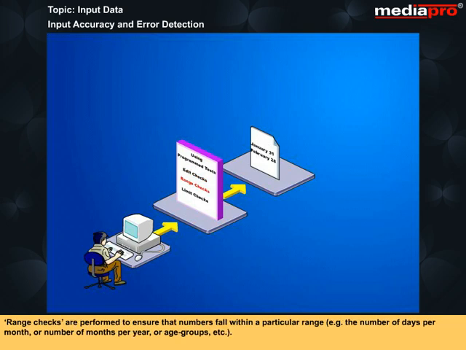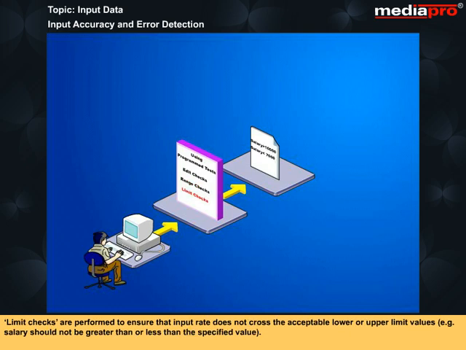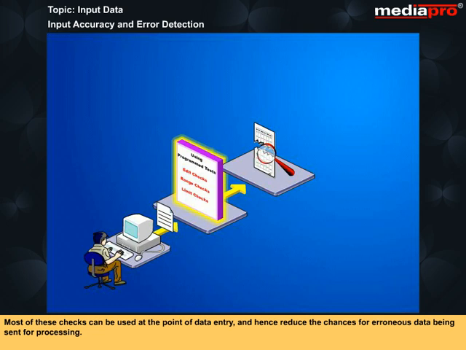Range checks are performed to ensure that numbers fall within a particular range, example, the number of days per month or number of months per year or age groups, etc. Limit checks are performed to ensure that input rate does not cross the acceptable lower or upper limit values. Example, salary should not be greater than or less than the specified value. Most of these checks can be used at the point of data entry and hence reduce the chances for erroneous data being sent for processing.